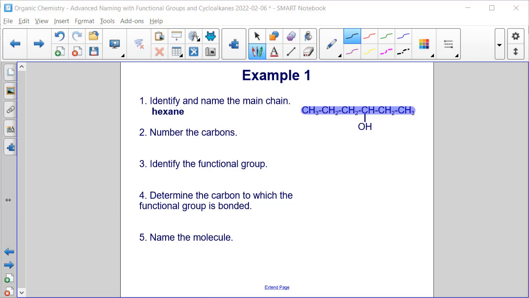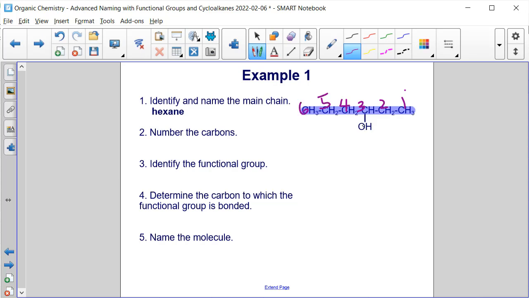Once we've identified the main chain, we have to number the carbons. And because we see this OH group here, we have to start numbering from the end that's closest to the OH group. And that would be on the right-hand side. We're going to start from the right. 1, 2, 3, 4, 5, 6.